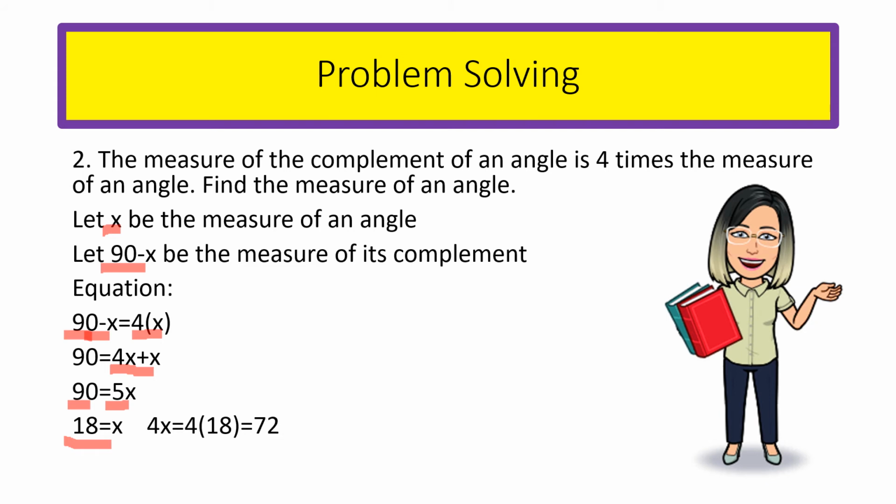If we want to find the measure of the complement, it is 4 times 18, and 4 times 18 is 72. But we need only to find the measure of an angle. And what is the measure of the angle? The measure of an angle is 18 degrees.